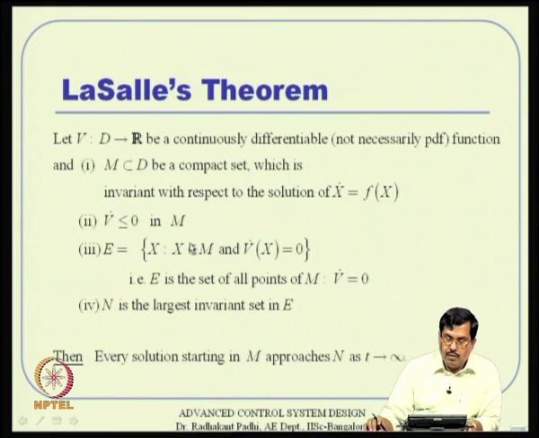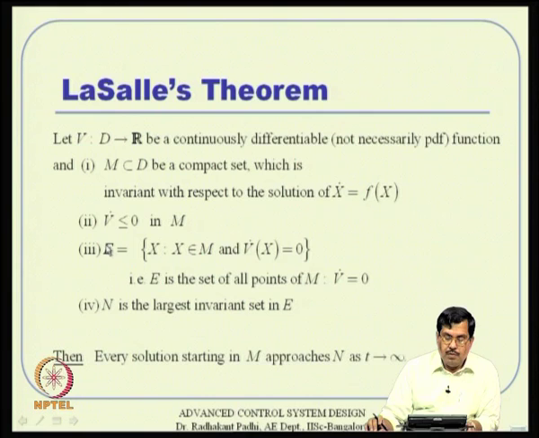what it tells you is okay, let me select only that particular set for which V dot is equal to 0. M can contain everything for which V dot is less than or equal to 0, but I will select that particular set E which is actually V dot of x equal to 0. Okay. And then I will select the largest invariant set of this particular set E. Okay.